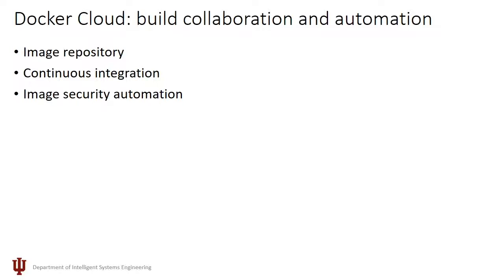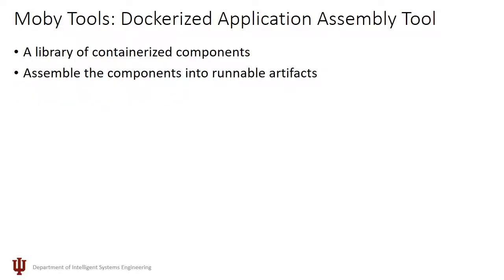So I can, for example, create a key and associate, maybe, a checksum to the image. There are multiple tools available in Docker that allow you to assemble your application. This includes a library of containerized components, and you can assemble them through, for example, Docker Compose, Dockerfile, and other features.